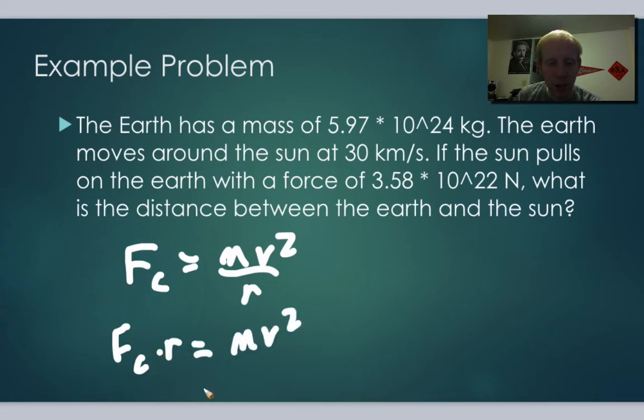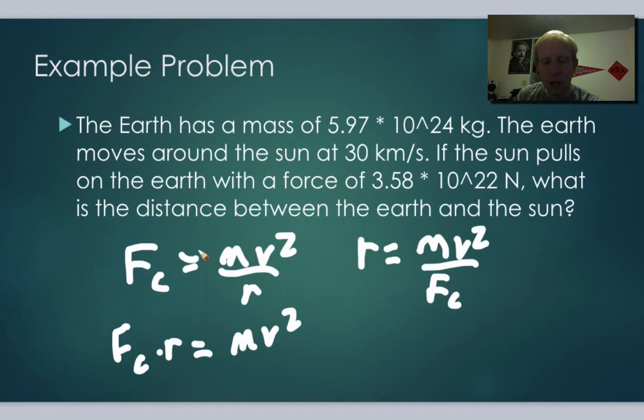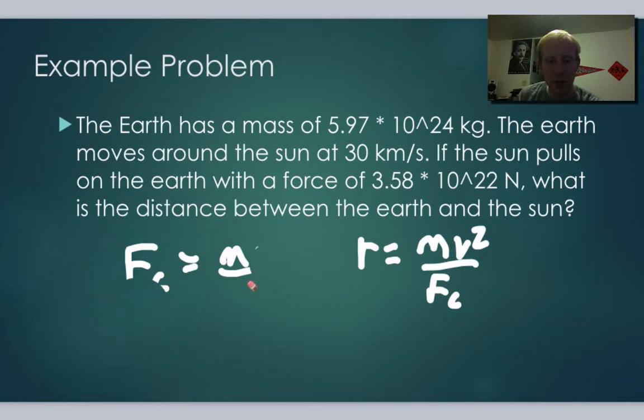And then let's divide by Fc to get r by itself. So the equation we're going to start with is r equals mv squared over Fc, or centripetal force. This is the equation we are given, but we can manipulate it slightly so that we're solving for r. So now with that information, let's finish this problem.